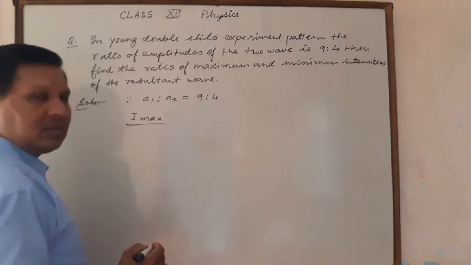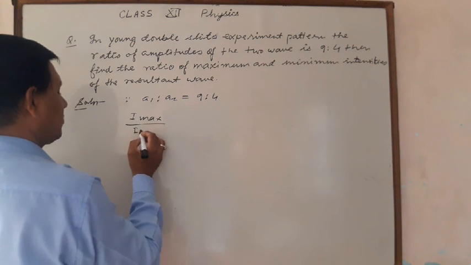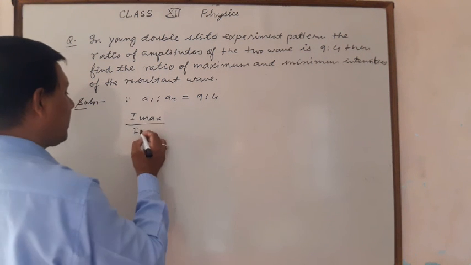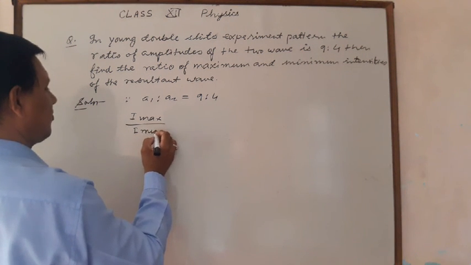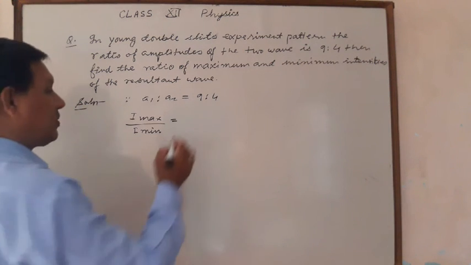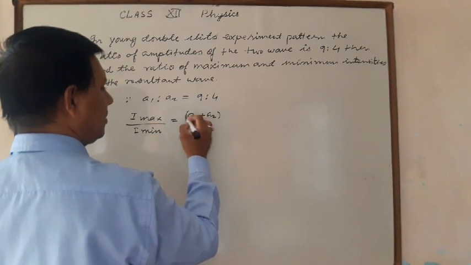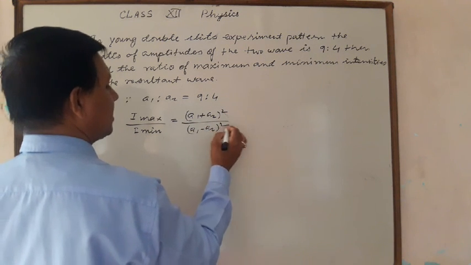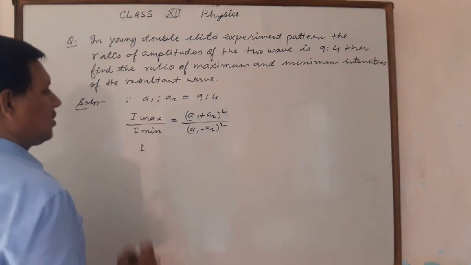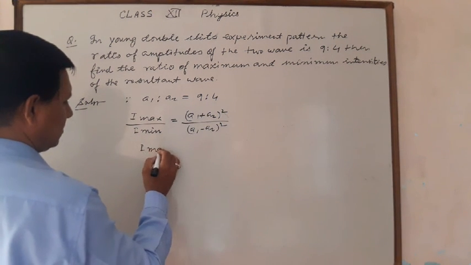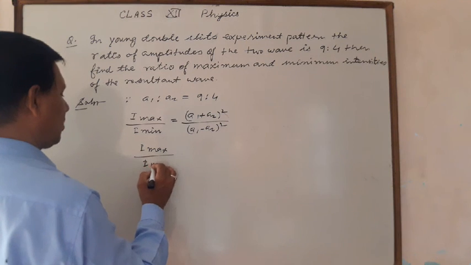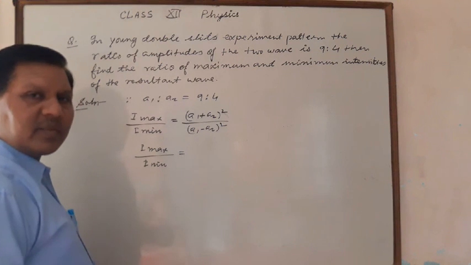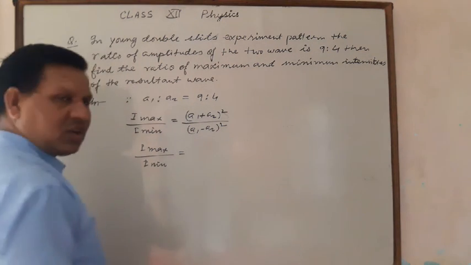According to the formula, the ratio of maximum and minimum intensity, that is I maximum by I minimum, is equal to (A1 plus A2) whole square by (A1 minus A2) whole square. So putting the values of A1 and A2 in this formula, we can find out the ratio of intensity.